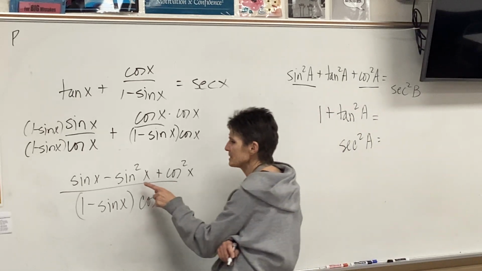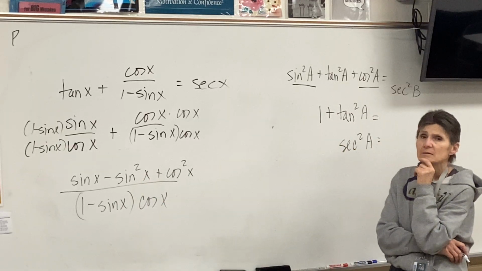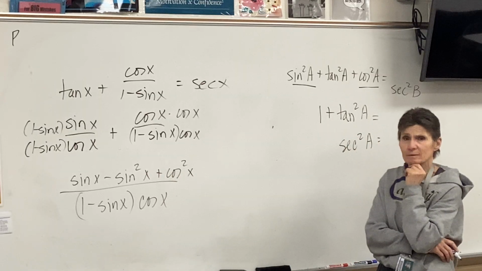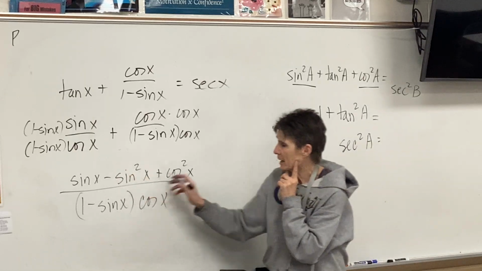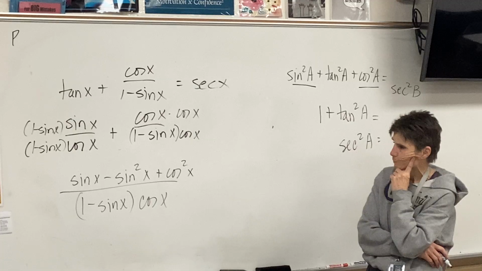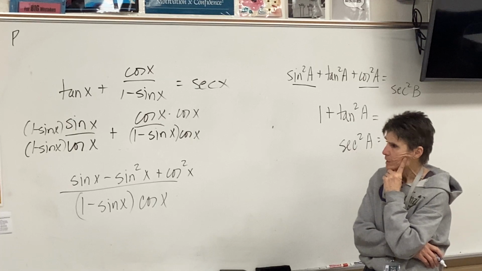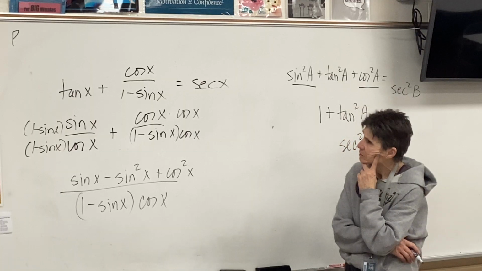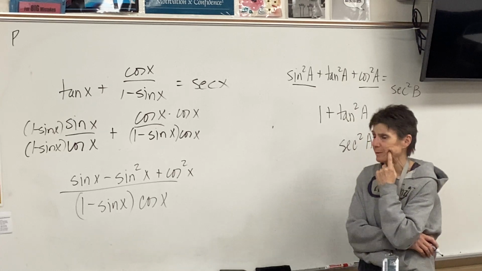That's a negative sine squared, so this is not going to add to 1. That isn't going to work. If that were a plus, I could make it a 1, but I can't. What do I know about cosine squared?